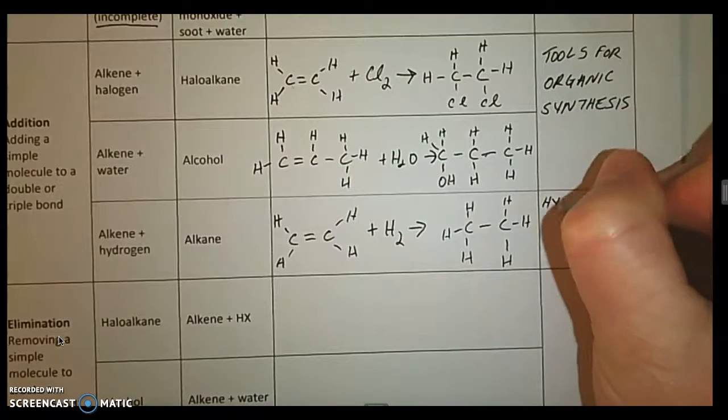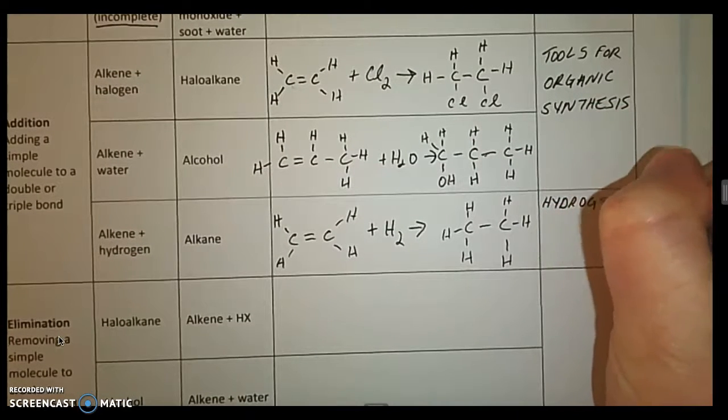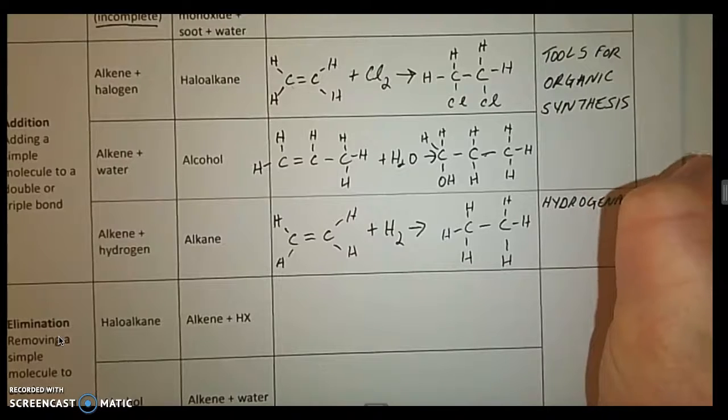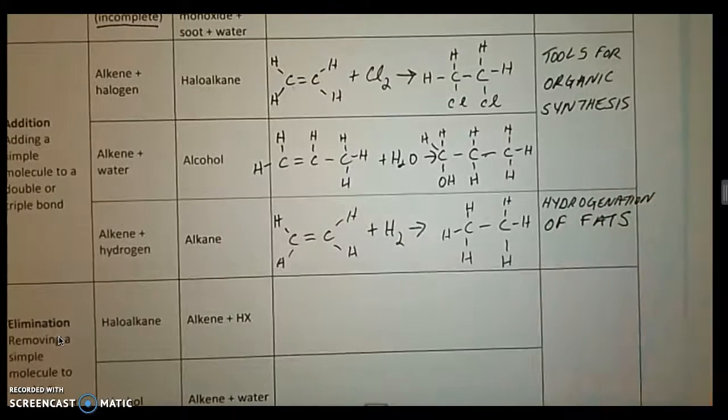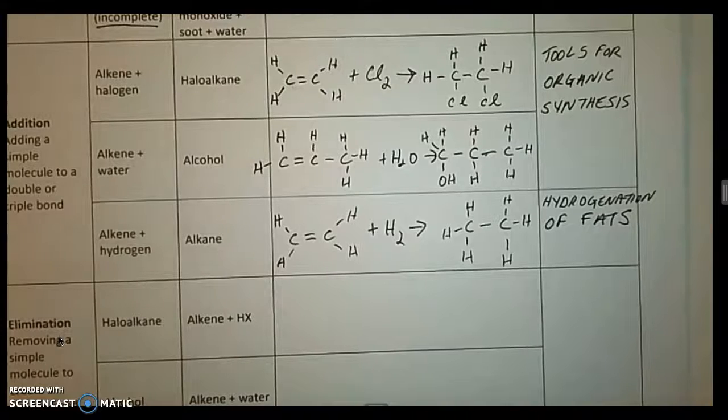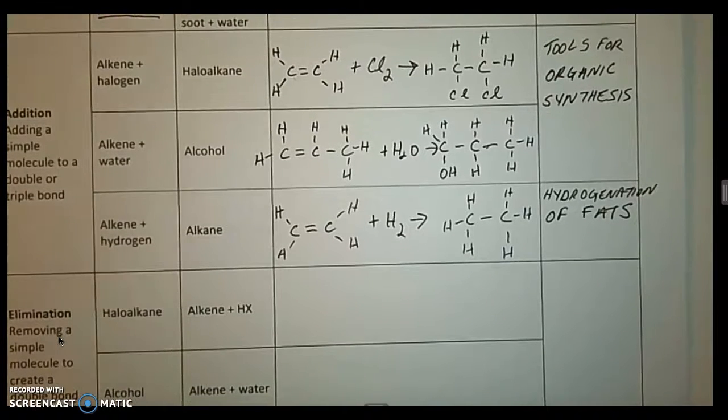It's used in hydrogenation of fats. Okay? So you might at home have vegetable oil, like canola oil or olive oil or peanut oil. And you might also have at home something like margarine, which is a solid fat.